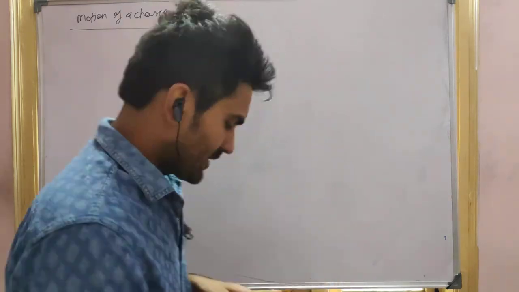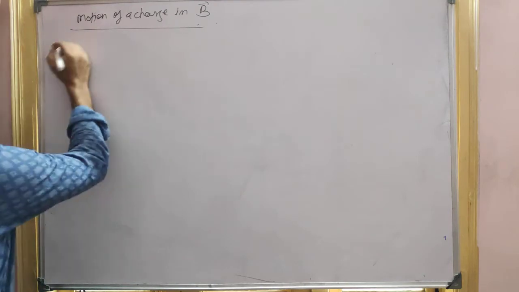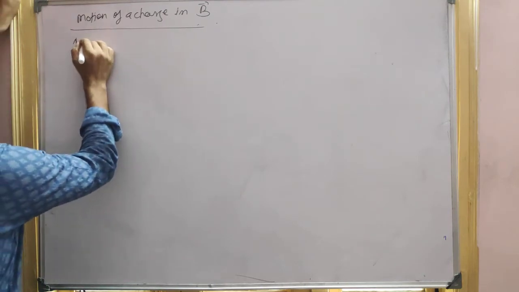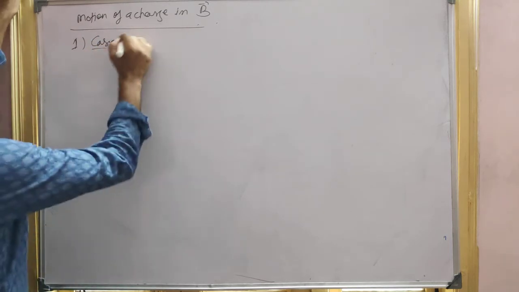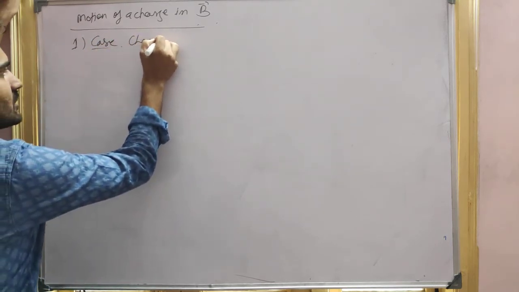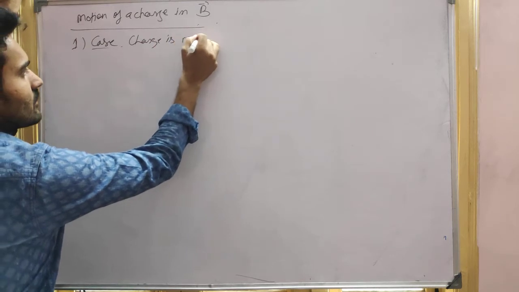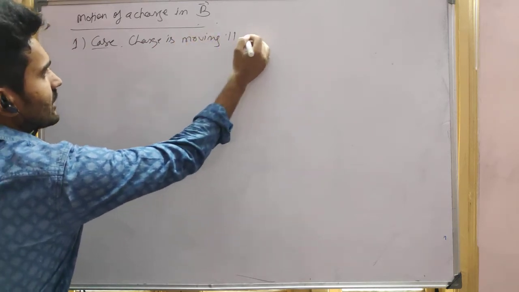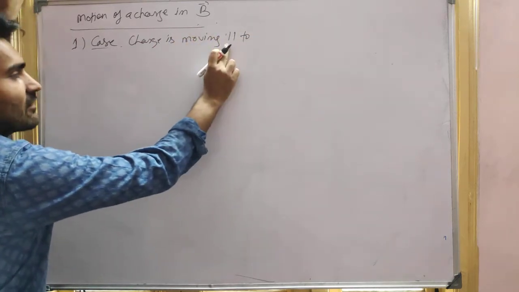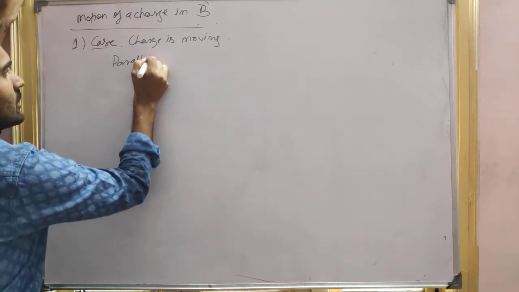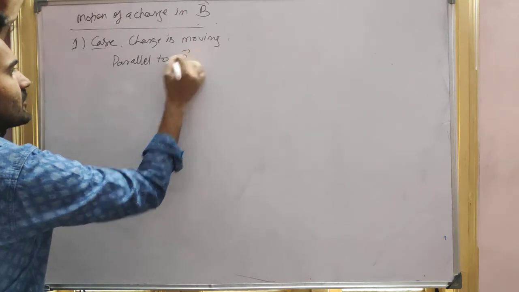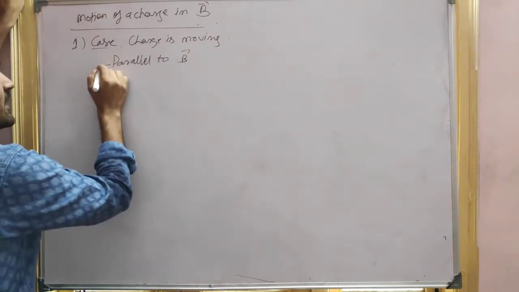Let's see the first case. In the first case, the charge is moving parallel to the magnetic field. How can it be parallel?